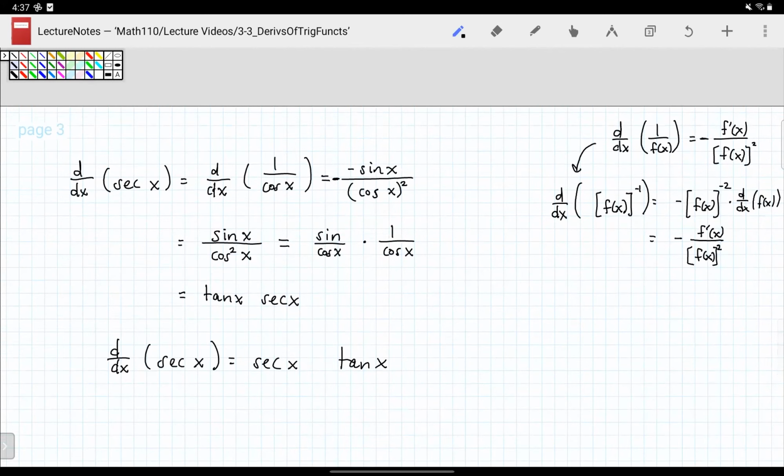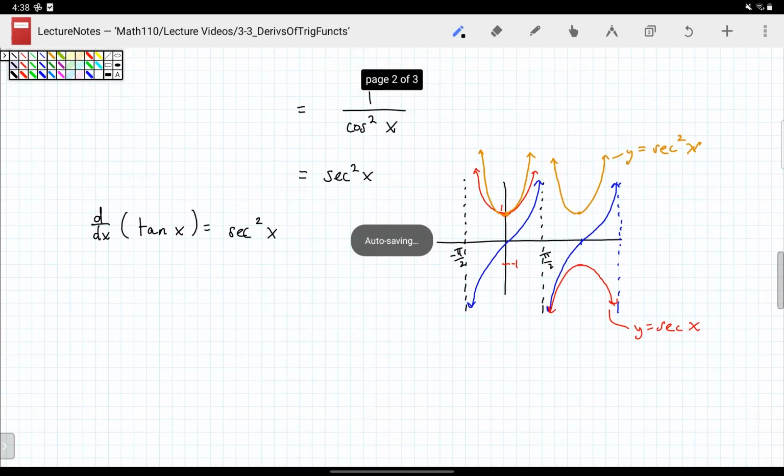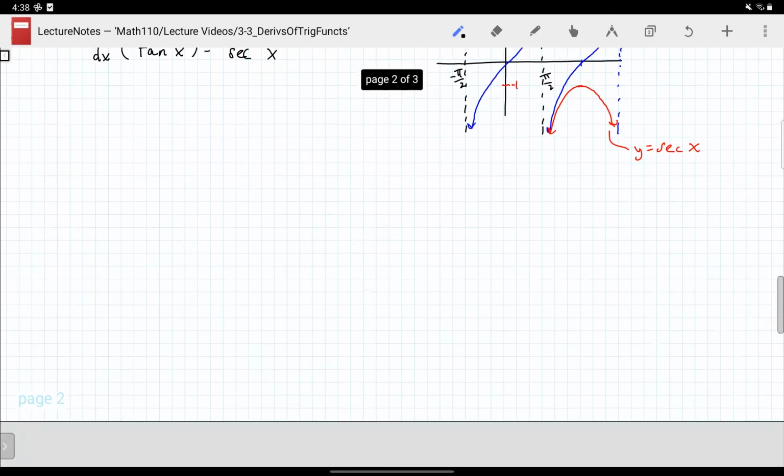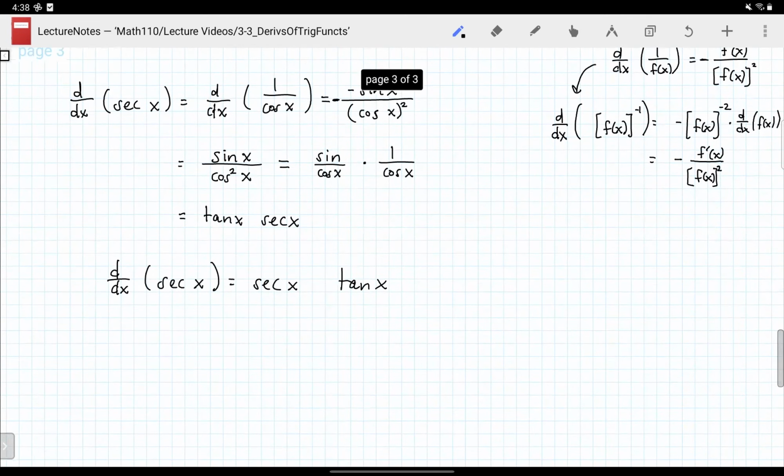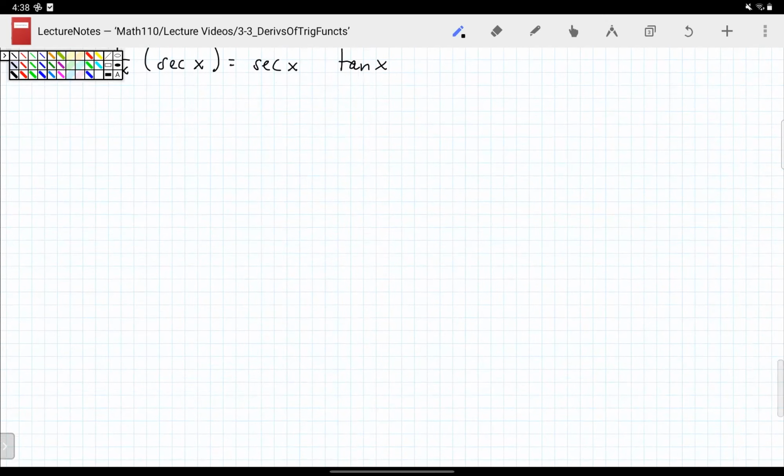Like I encouraged you with calculating the derivative of cotangent, similar to how we calculated the derivative of tangent, I also encourage you to calculate the derivative of cosecant, similar to how we calculated the derivative of secant. I am going to put all of the derivatives of the trig functions here, and I'm going to let you know one way to economize remembering. The derivative of sine of x is cosine of x, and the derivative of cosine of x is negative sine of x.